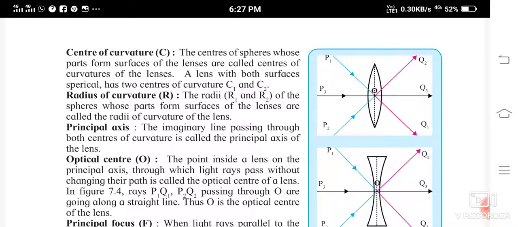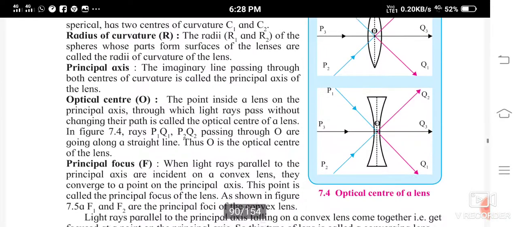So, the center of curvature, it is denoted by C. Okay. Now, see, what is this center of curvature? The centers of the spheres whose parts form surface of the lenses are called the centers of curvature of the lenses. A lens with both surfaces spherical has two centers of curvature, C1 and C2.